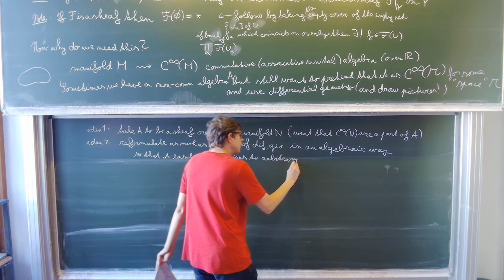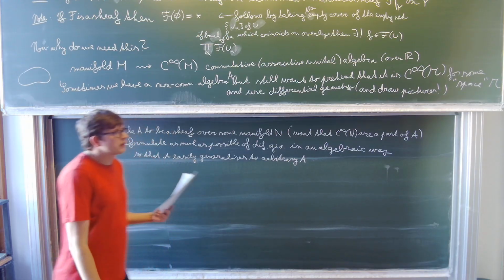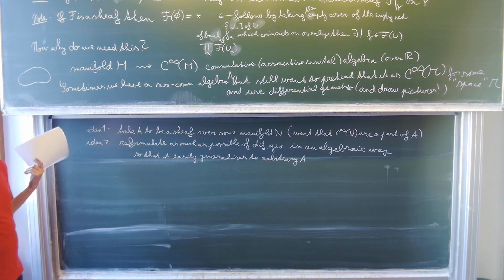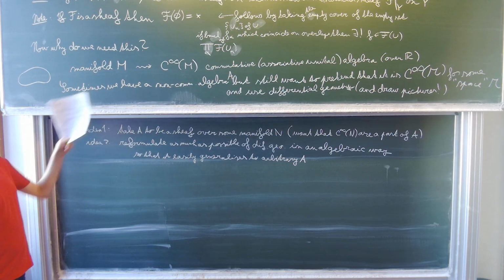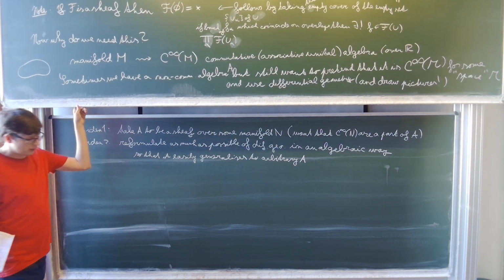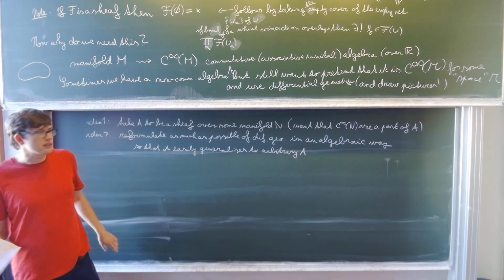For instance, we know that vector fields can be thought of as derivations of the algebra of functions. If you say it like this, then it works for any algebra. It doesn't have to be an algebra of functions on a manifold. So vector fields are an example of something that easily generalizes.